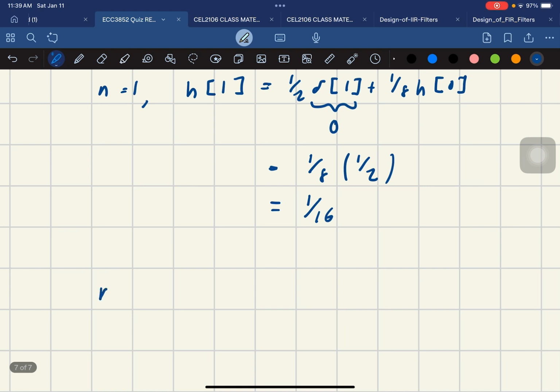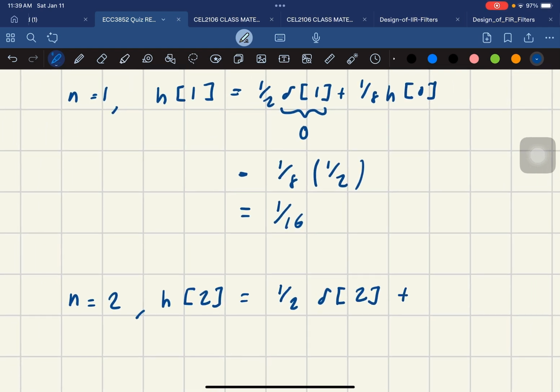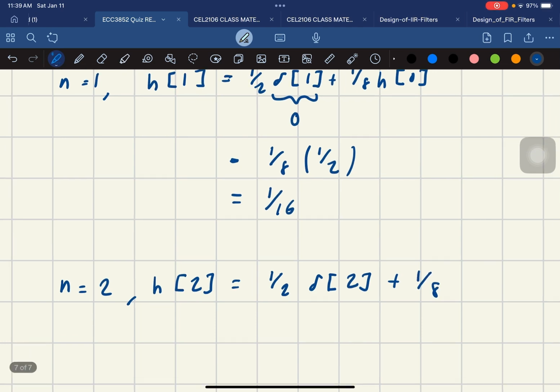So for n equals 2, h2 is 1/2 delta 2 plus 1/8 h1.